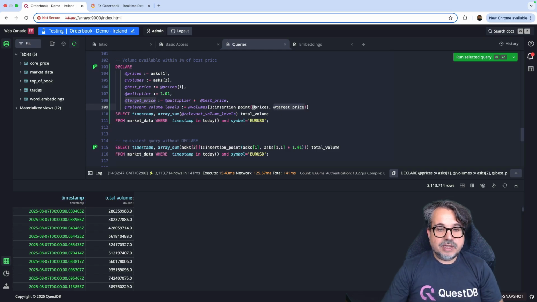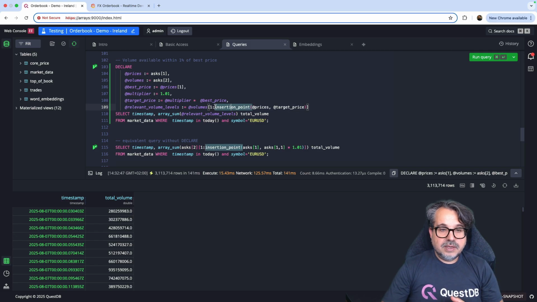So basically here it's going to tell me, I want you to iterate over the prices array in order, and I'm going to find in which position I will meet the target price. So it will give me the best position for the target price. It will tell me maybe, hey, the price you found is available at level 3 or level 4.